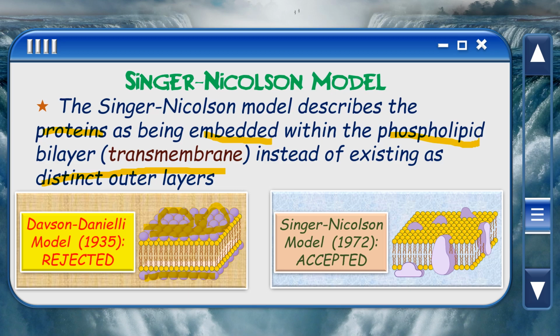When you look at them, you will see that the proteins are embedded within the phospholipid bilayer, not forming a layer on top of the bilayer. So that was the new proposed cell membrane structure by Singer and Nicholson.